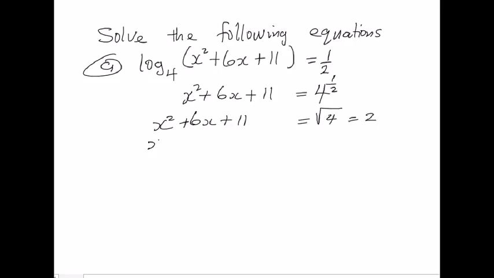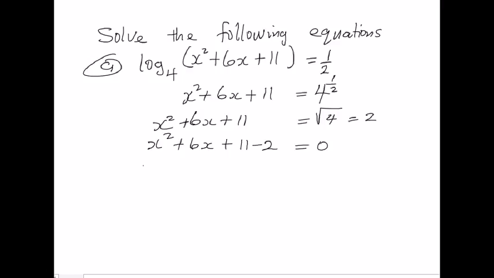So x squared plus 6x plus 11, this is plus 2, we now change to minus 2 when we collect the like terms. Minus 2 equals 0. When it crosses the equal sign, it will change to minus.